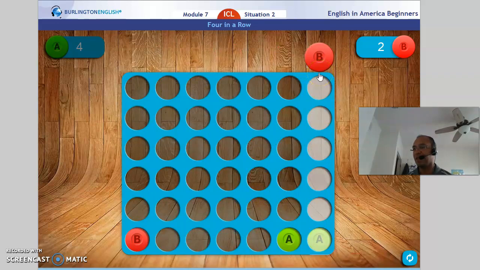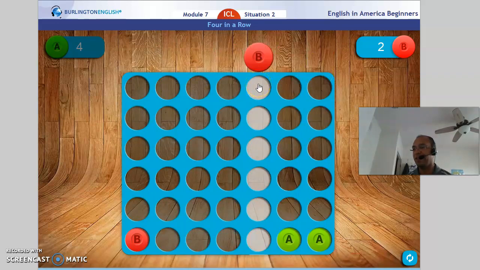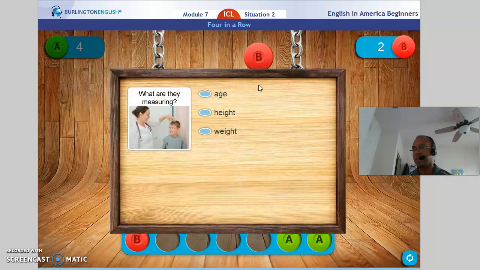Do you guys want to go to the first? Let's interrupt the progress. We're going to go here. What are they measuring? The doctor is measuring this little patient right here.